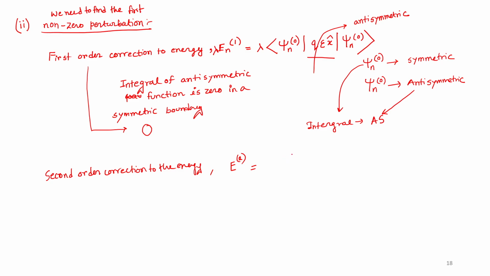So this is nothing but the sum over m not equal to n, and m will go to the value of 0.